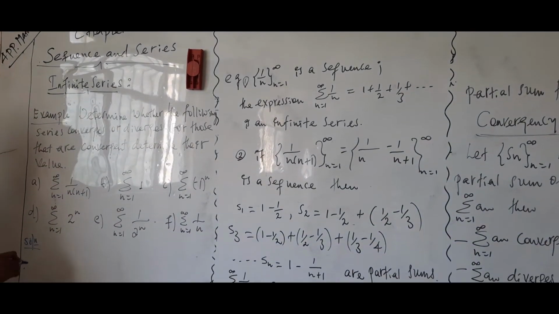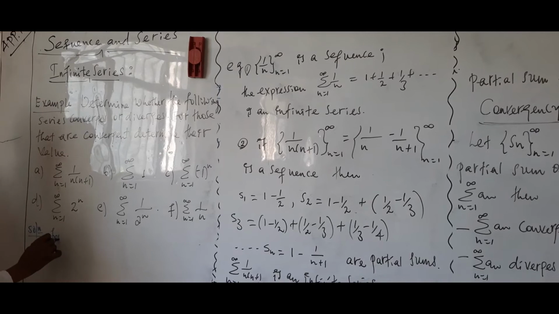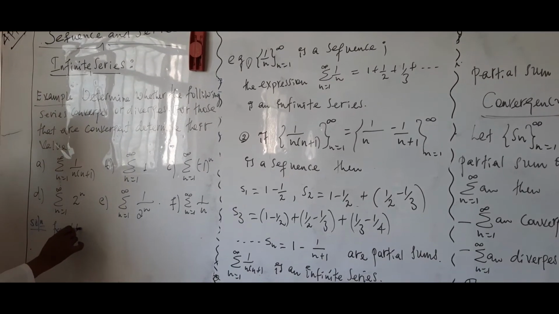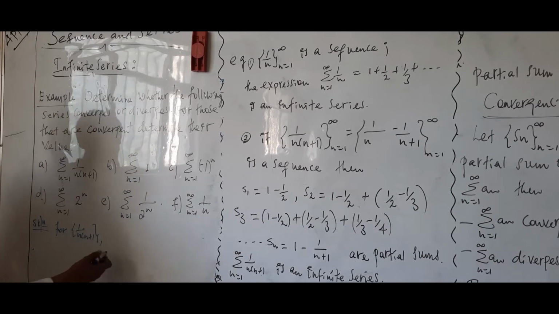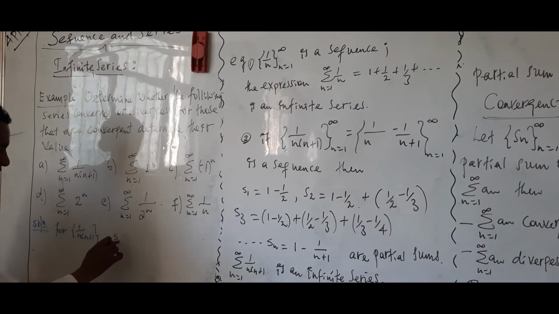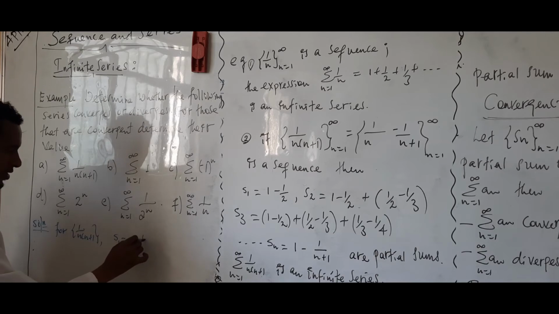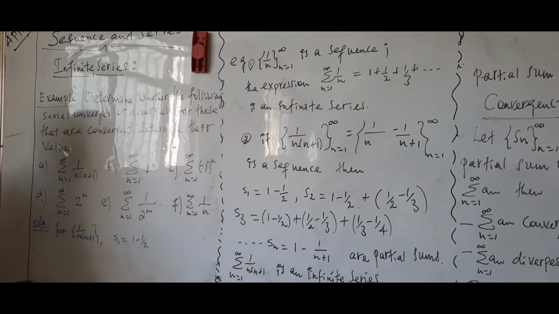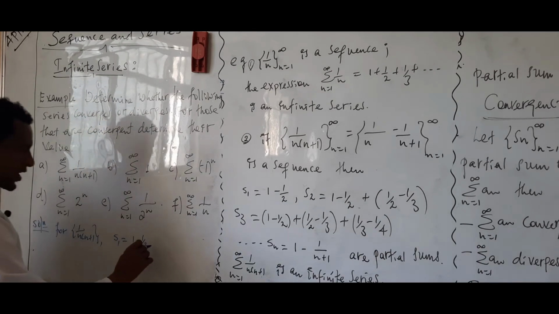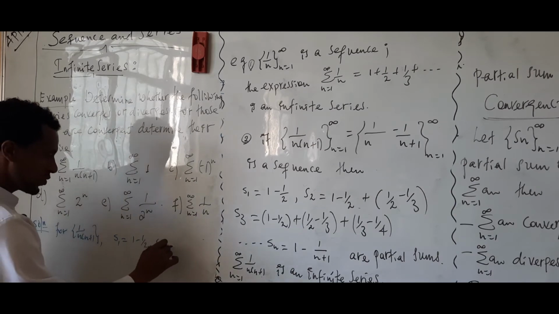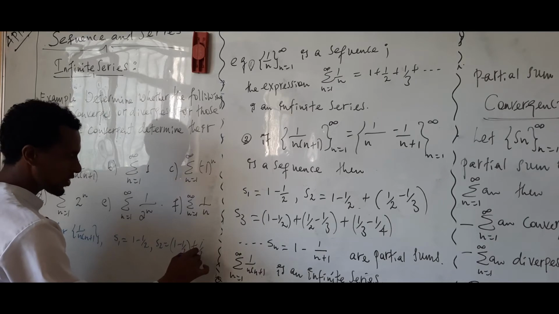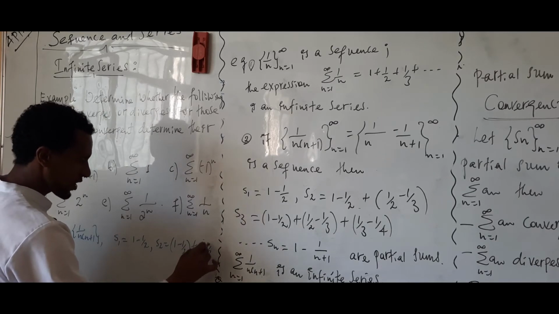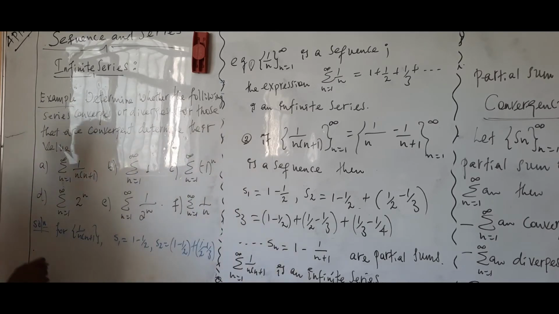for the sequence 1 over n into n plus 1, the partial sum S1 is equal to 1 minus 1 over 2. S2 is equal to 1 minus 1 over 2 plus 1 over 2 minus 1 over 3.